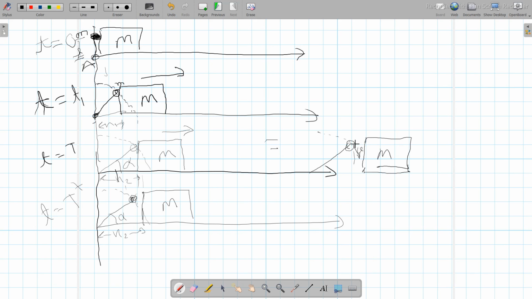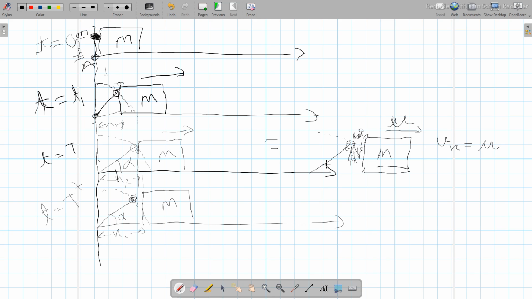Therefore it has two components. If we decompose, taking angle alpha, this will have two components, vx and vy. So this is vx, and the velocity of this body will be u, as given in the question. So vx is equal to u.